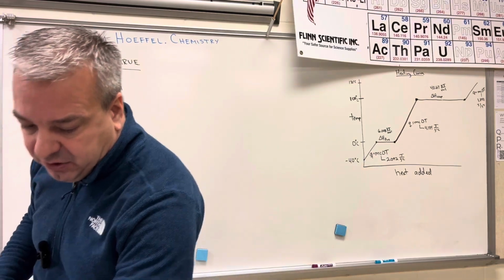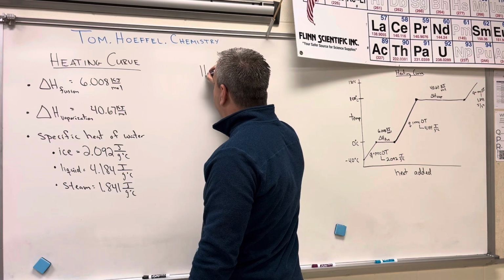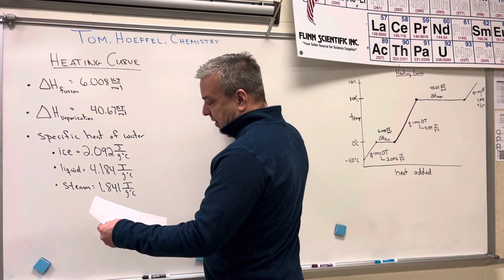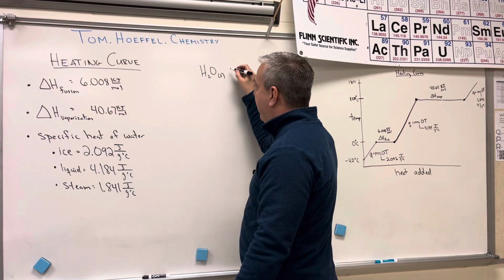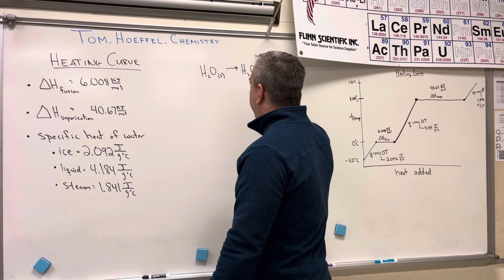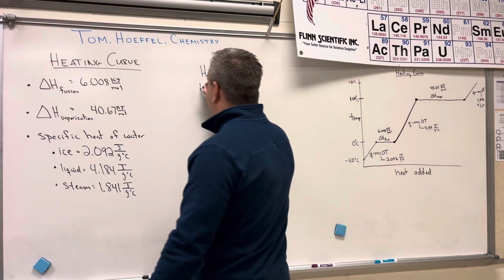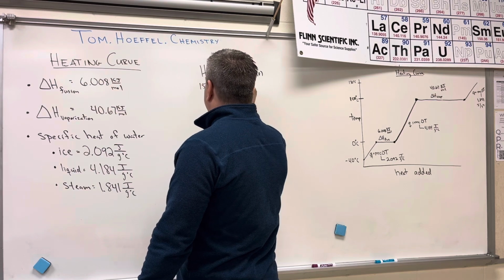Okay, so the first question is going to be, what if I have some solid water, and I wanted to turn it into liquid water. Now the amount that I have is going to be 15 grams, and we are at 0 degrees Celsius.